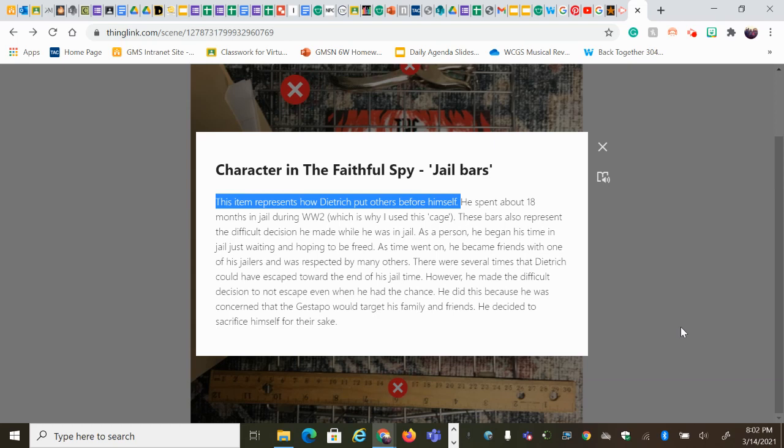I said he was self-sacrificial, but these jail bars also represent a difficult decision that Dietrich had to make. So you could do, like I said, a character trait like I did with the self-sacrifice. You could do a complicated or important relationship. It could be a positive or negative one, or a difficult decision or struggle that your character had.